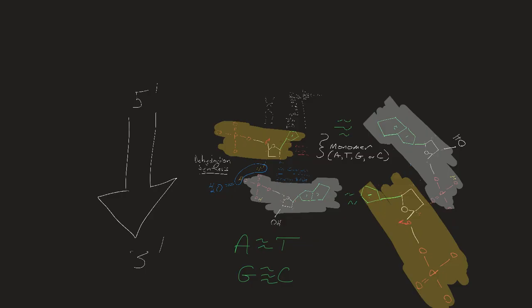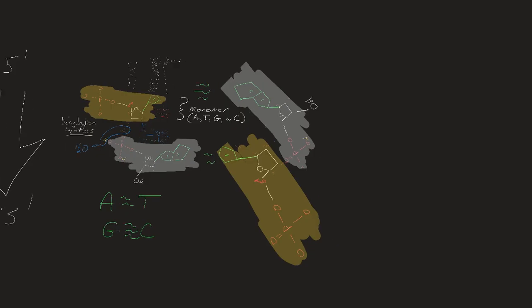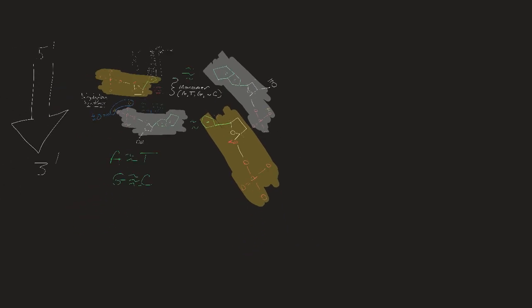Also, the fact that you know that for every A, there's going to be a T. I've seen these questions before, so let me give you an example logic question here. If I tell you that some random DNA is 40% A, you should be able to tell me all the other percentages.